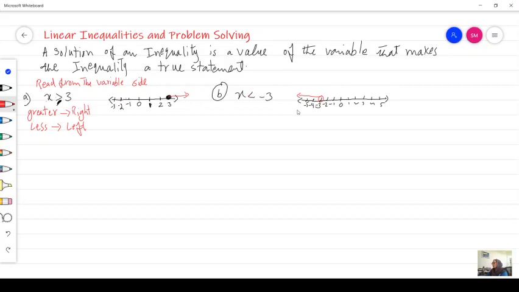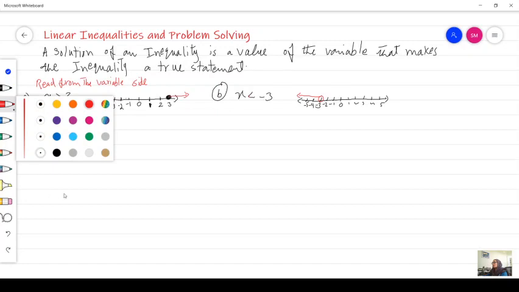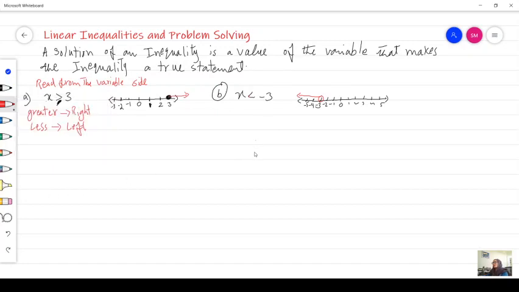Okay, then we're going to solve some inequalities. Solving inequalities is the same way we solve regular equations. The only thing is, please write down in your notebook: when multiplying or dividing by a negative number, then switch the inequality sign.